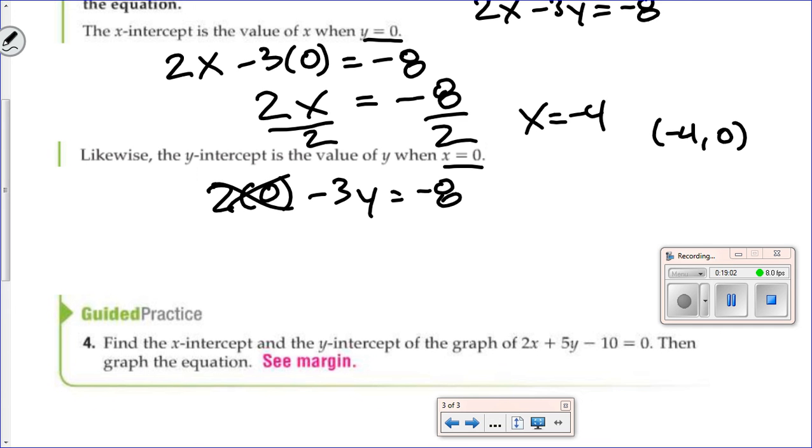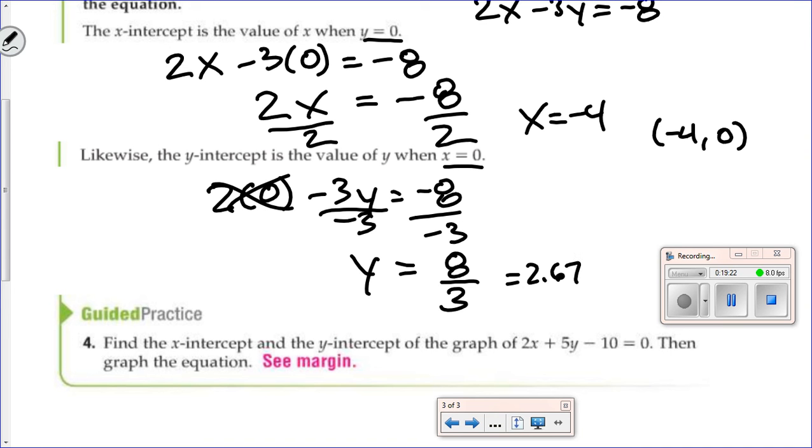The 2x term cancels out, of course, so we divide both sides by -3, giving us y is equal to positive 8/3, which on your calculator, if you want to change that to a decimal, you're welcome to. That will give you 2.67. So we have the point -4, 0, and now we have the point 0, 2.67. That'll be our y-intercept.